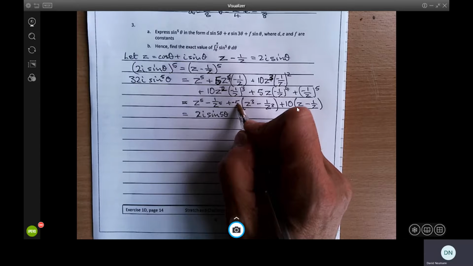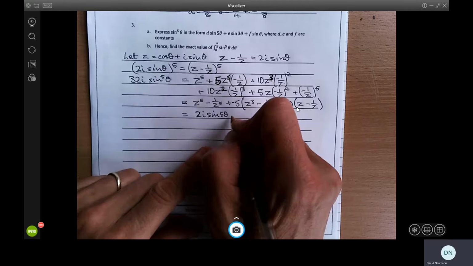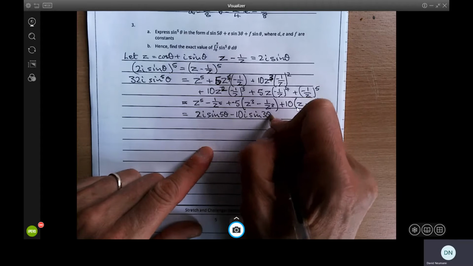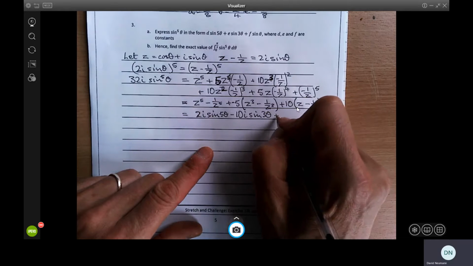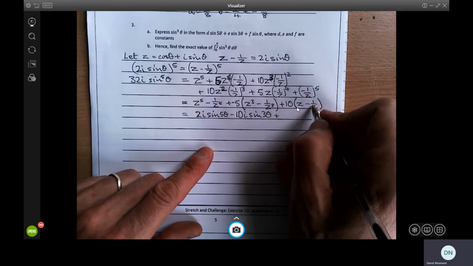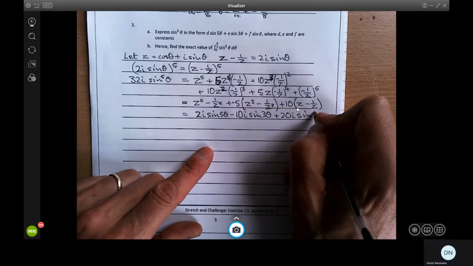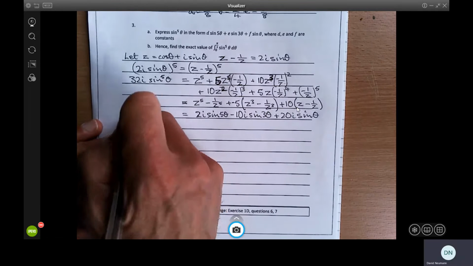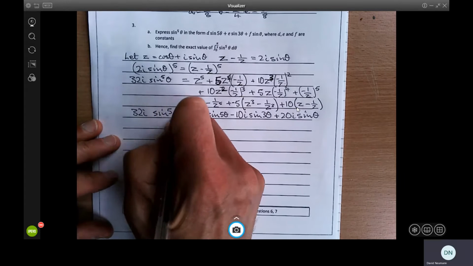This is then minus 5 times 2i sine of 3 theta, so it's minus 10i sine 3 theta, and this is plus 10 times 2i sine theta, so 20i sine theta. And that's all equal to 32i sine to the power of 5 of theta.